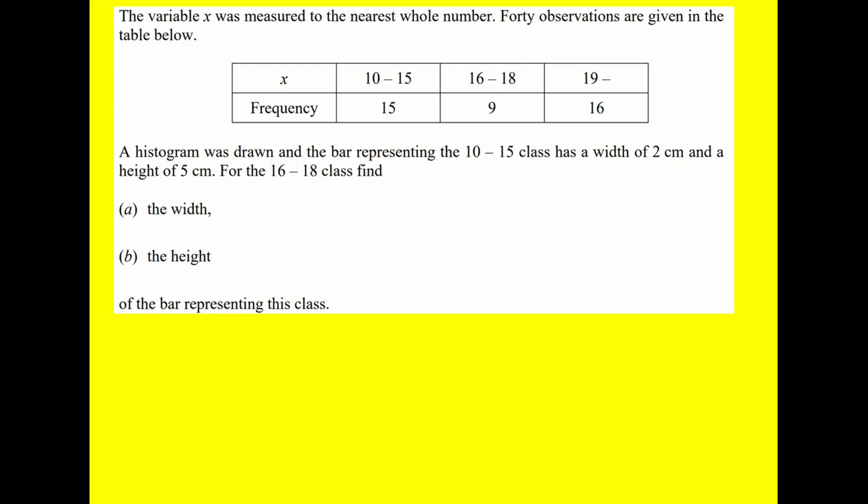Over to you. Here's a very similar sort of question where we're given some information. Pause the video, see if you can work out the width and the height of the 16 to 18 class. Alrighty, I'm going to go through it. It's going to be a very similar sort of process. I'm going to draw my first histogram that I know a bit about, the 10 to 15 one.